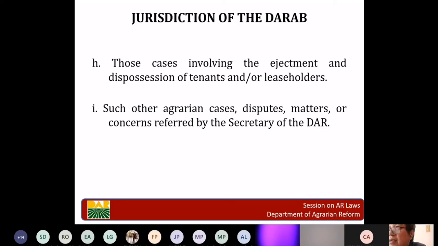And I hope ASEC Annabelle will discuss to you one by one those grounds. And then such other agrarian cases, disputes, matters or concerns referred by the Secretary of the Department of Agrarian Reform.